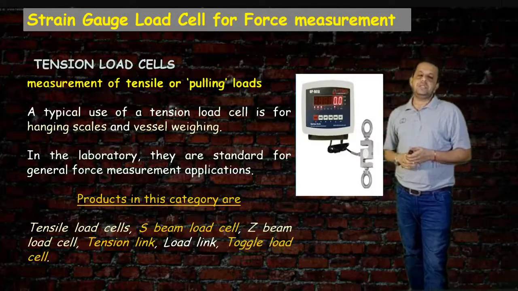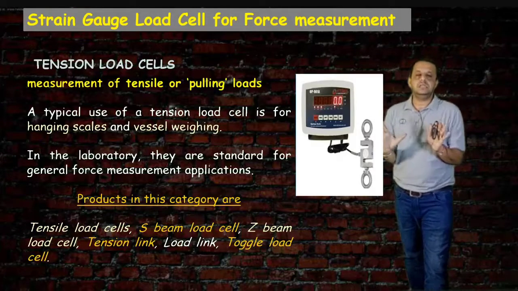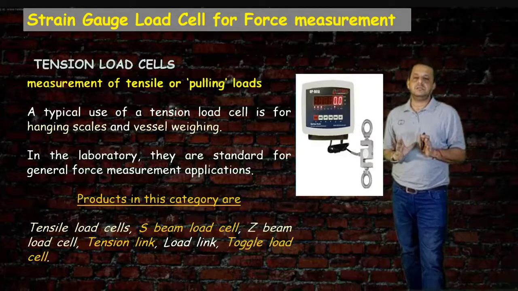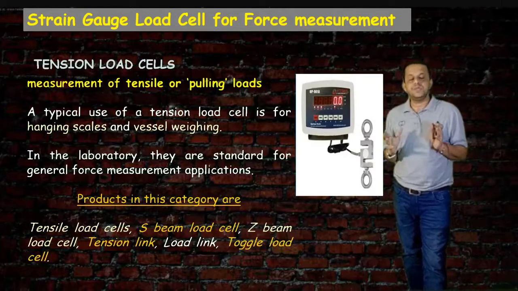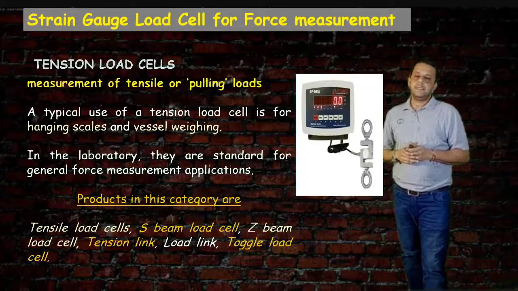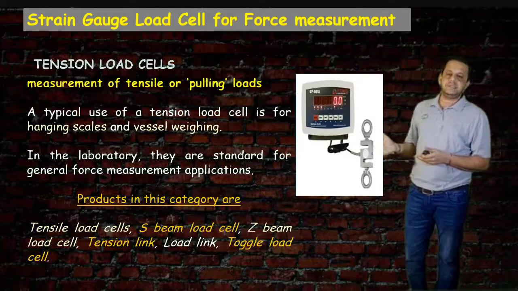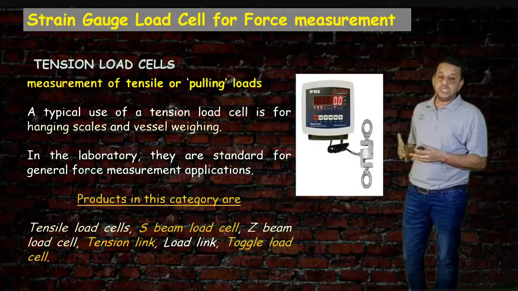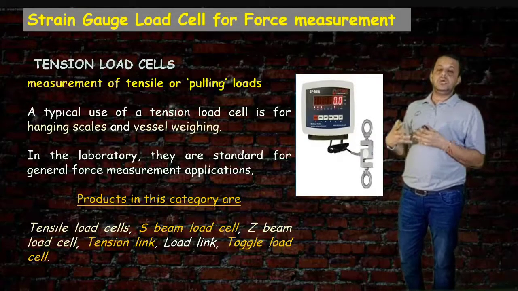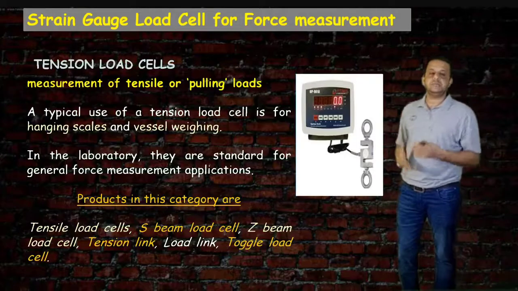Even in laboratories, there are standard devices for general force measurement. In the tensile load cell category, there are the SPM load cell, beam, tension link, load link, Vogel load cells; these are the commercial names that you should remember.